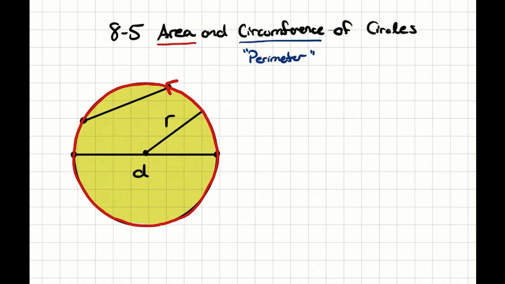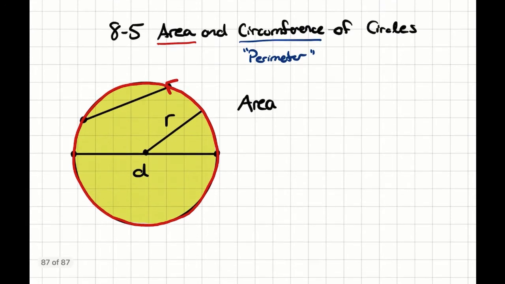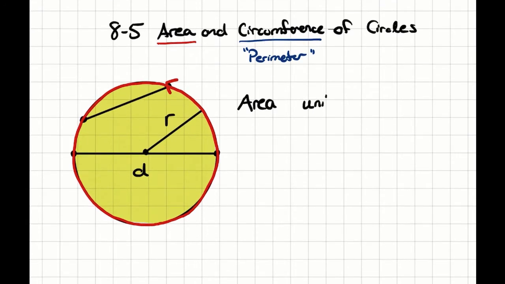Now, there are different things we need to remember about area and circumference. Area is just that, something that gets measured in units, but more so units squared. So area is measured in units squared.